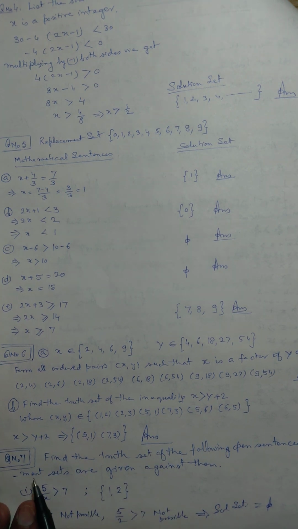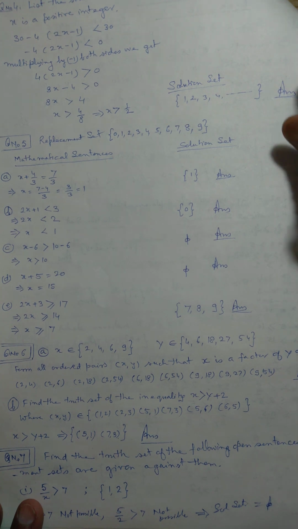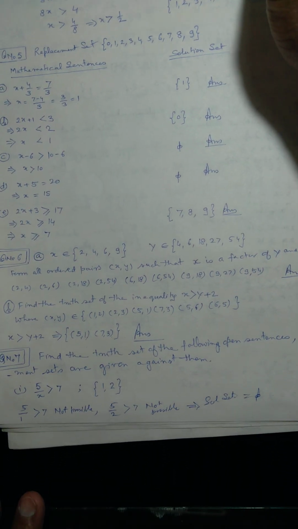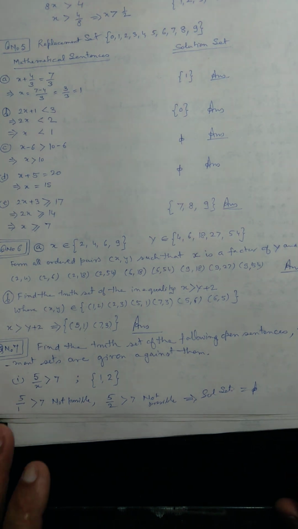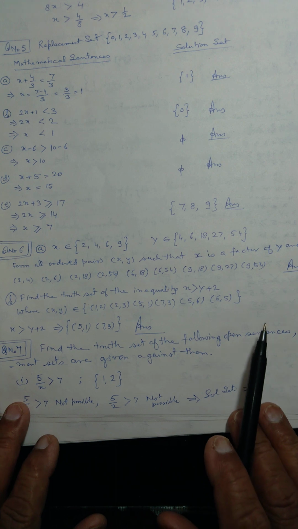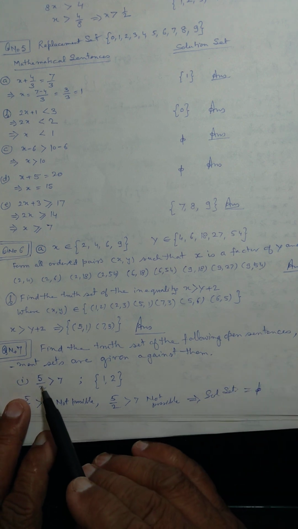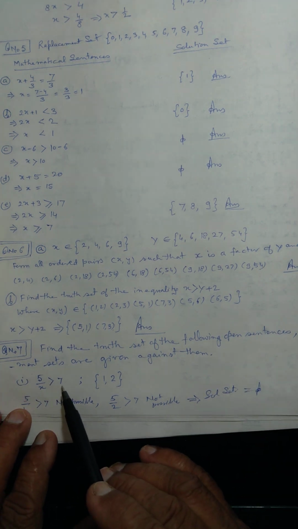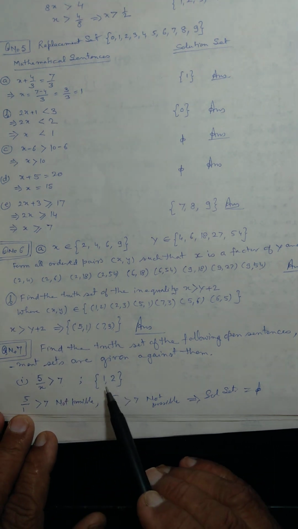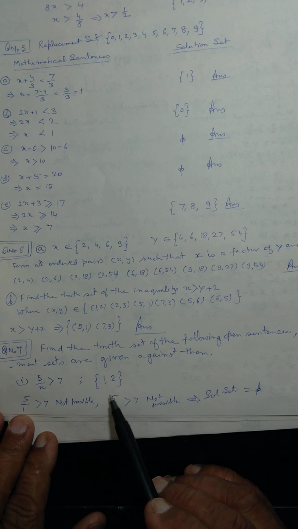Now question number 7. Find the truth set, means solution set, of the following open sentences. Replacement sets are given against them. You see, 5 by x is greater than 7, such that the replacement set is given 1 and 2.